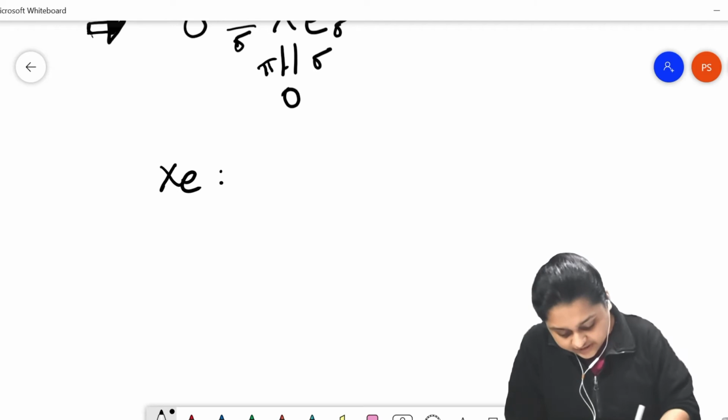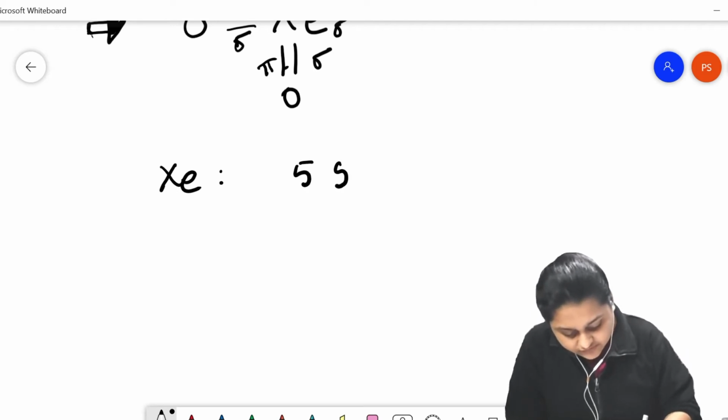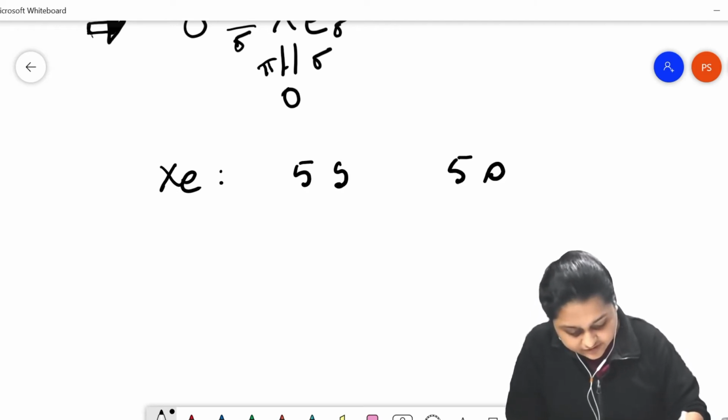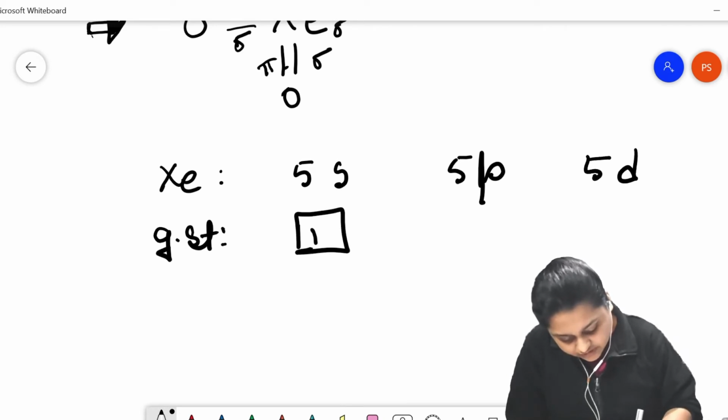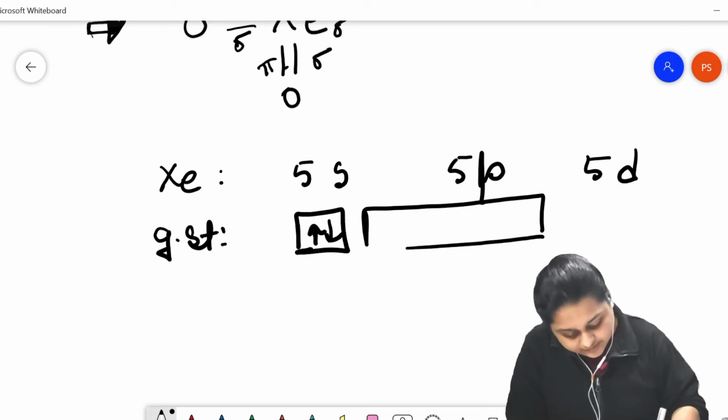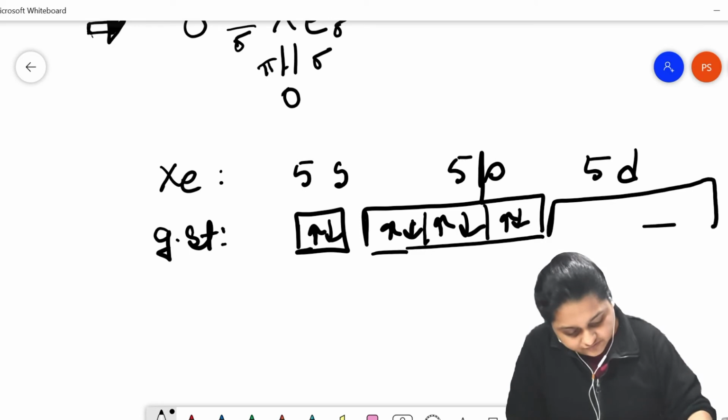The valence electronic configuration of xenon is 5s, 5p, 5d. The ground state electronic configuration of xenon is 5s2, 5p6, and 5d0.